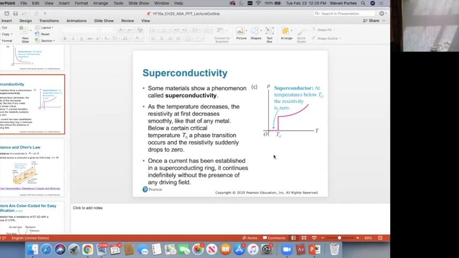Charge flows for absolutely nothing. It's completely free. Superconductor.